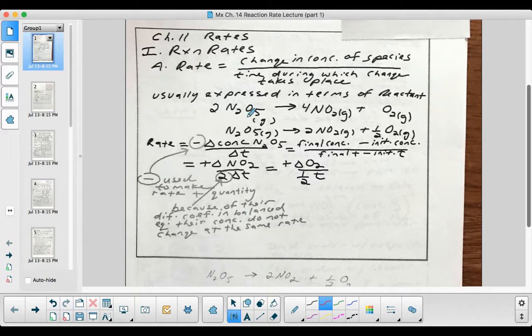So in order to make the rates equal, because for the reaction there is only one rate, I have to divide them proportionally. Because there's twice as much of this as there is of the reactant, I have to divide that change by 2. And since there's half as much of the oxygen as there is of the N2O5, I have to divide the change in the concentration of the oxygen by 1/2.